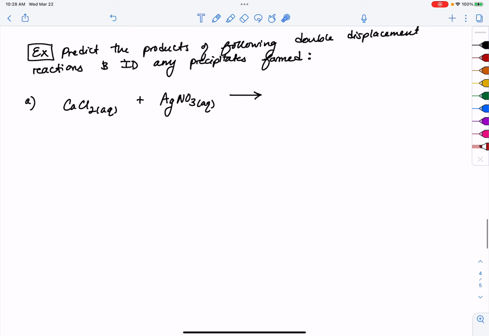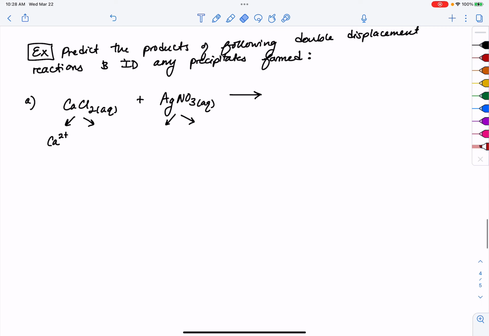So the way that I like to do this is I actually like to think about what ions each of these solutes is going to contribute to solution when they are dissolved. So when I have a solution of calcium chloride, I don't have units of Ca with two Cl's stuck to it. I rather have a calcium ion which because it's on group 2 has a +2 charge.